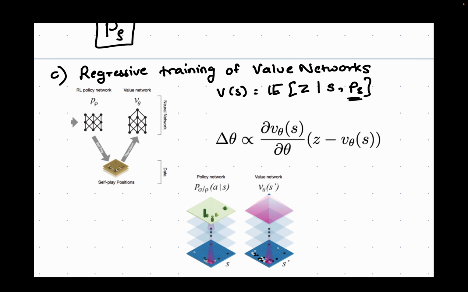Now, how do you find this value function? You just train a neural network V theta, which is a value network, using the simulated data set.